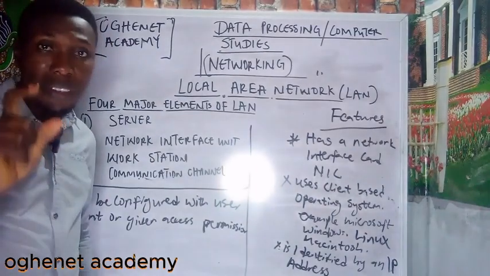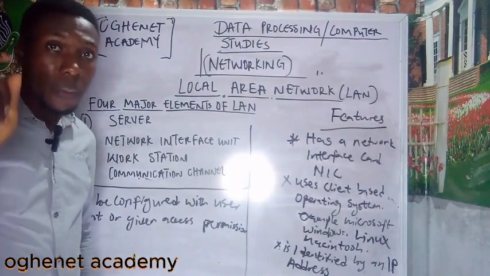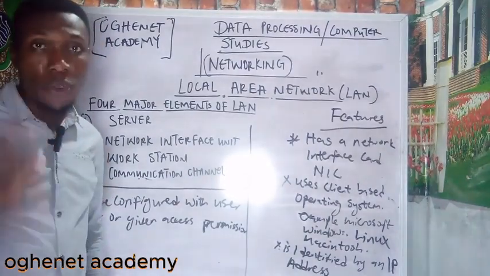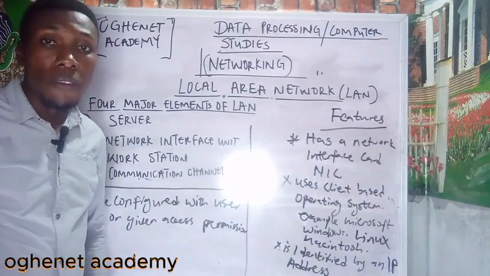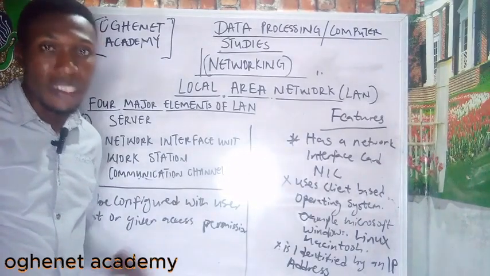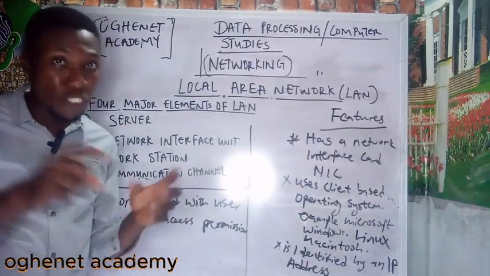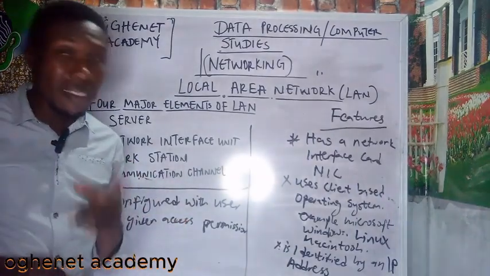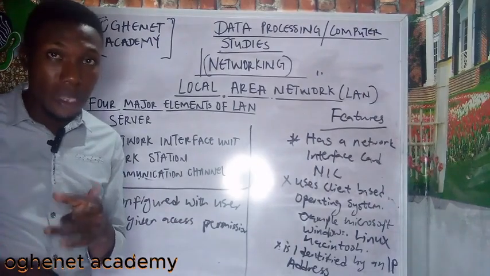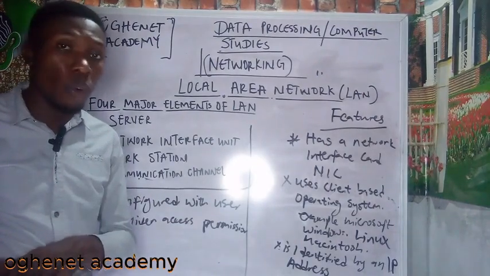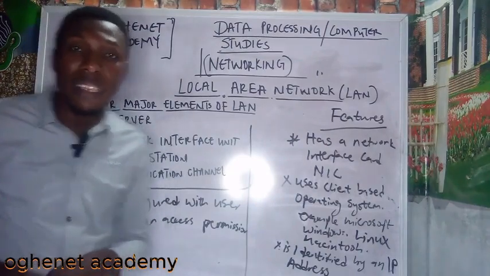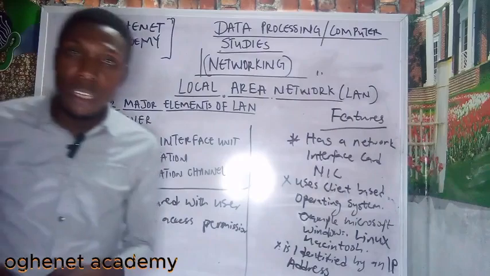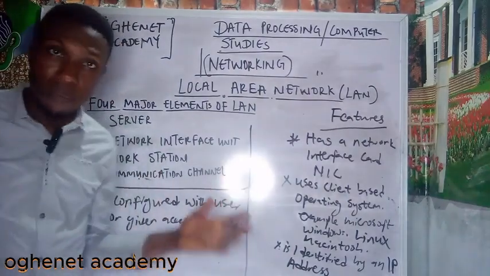Now remember I said that in a particular network, files and folders can actually be shared in that network. Take note of that. Those files and folders are actually stored in what is called the server.